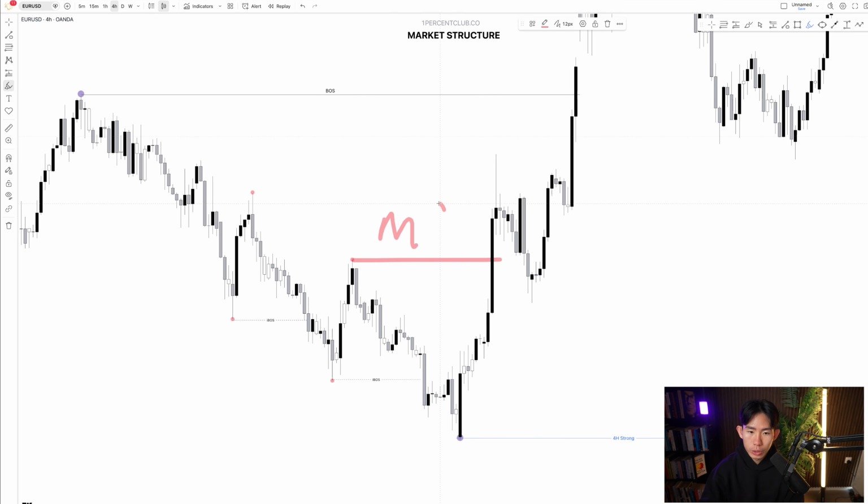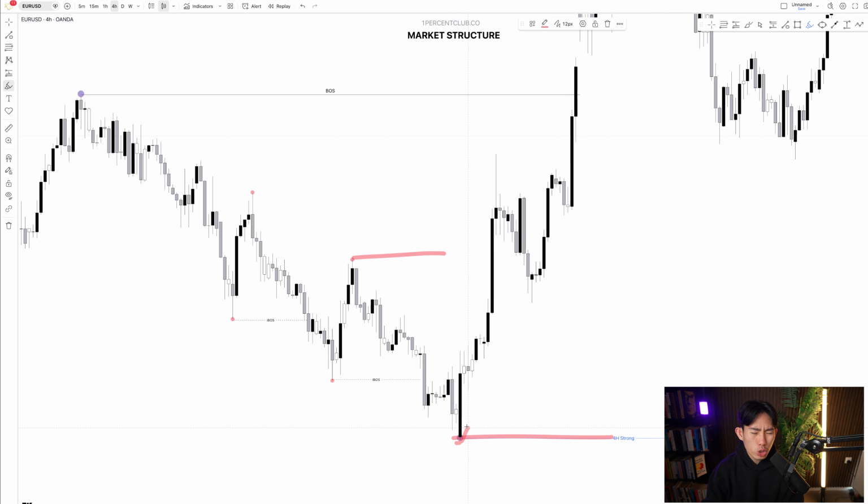We've got your market shift, which is a change in the trend direction. And it's indicated with a shift in structure, where price takes out a strong structure and causes the entire direction to reverse, to change. So in this case, internal high, internal low. Later on, demand exceeded supply, buyers overwhelmed the sellers.